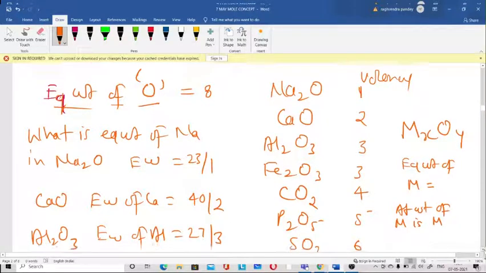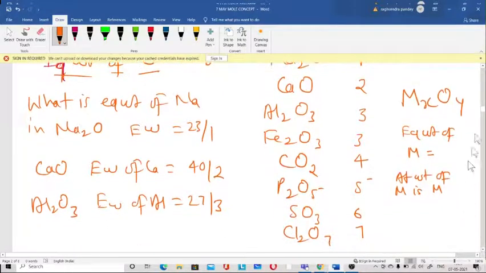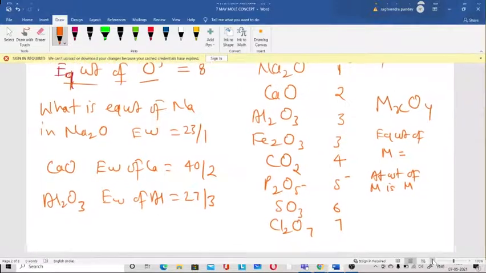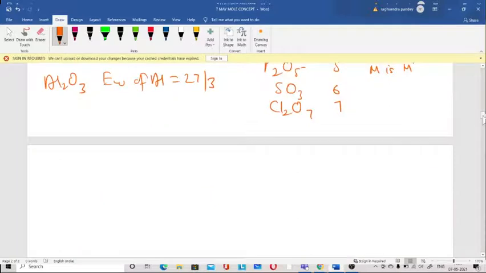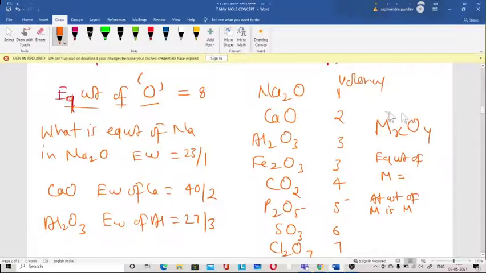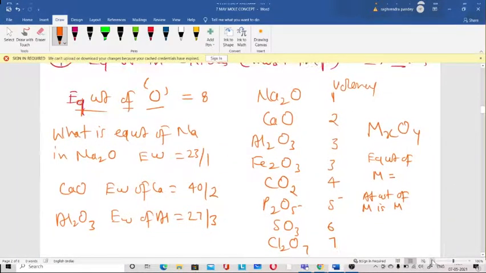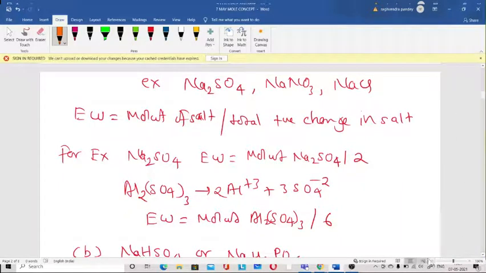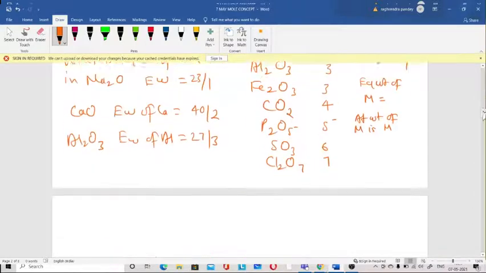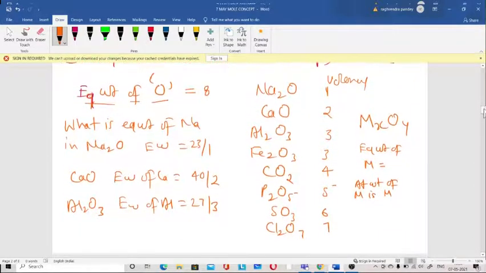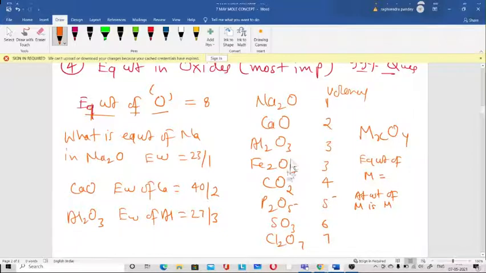So now understand this. First you have to see the valency part. Now if you see the valency part, here you can see the valency.